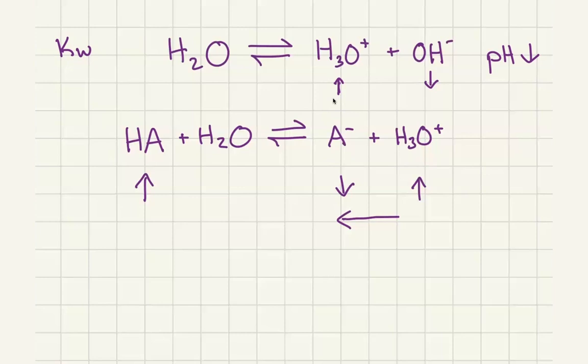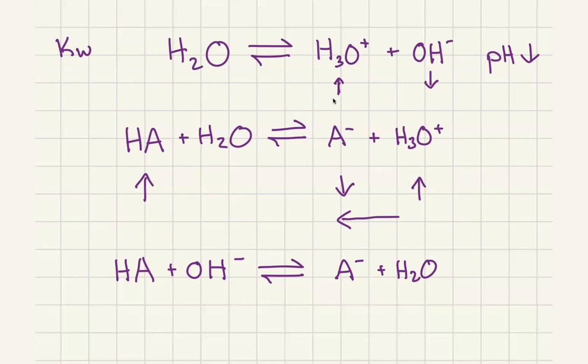Similarly, if we add a strong base, we have HA plus OH minus, and this reacts to give us our A minus, and in this case, water. So we are deprotonating our HA, but we're not generating more protons, and so this is not going to increase our proton count.